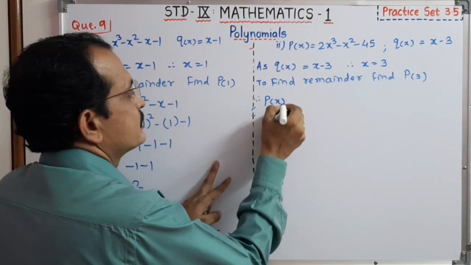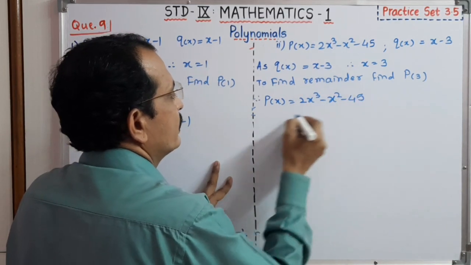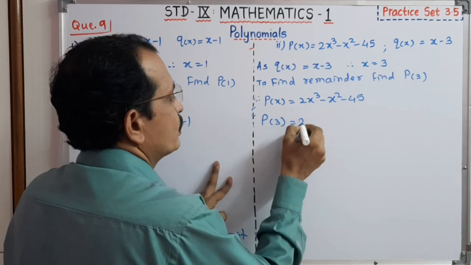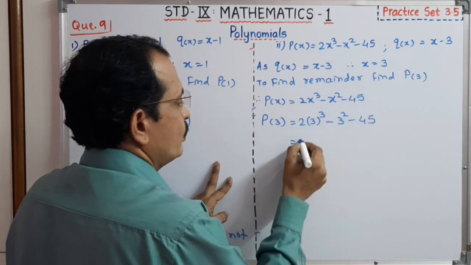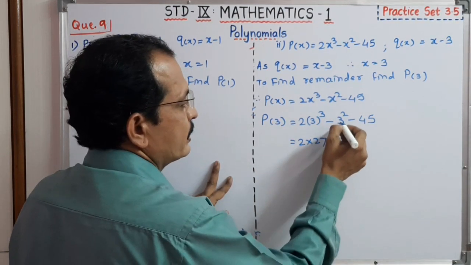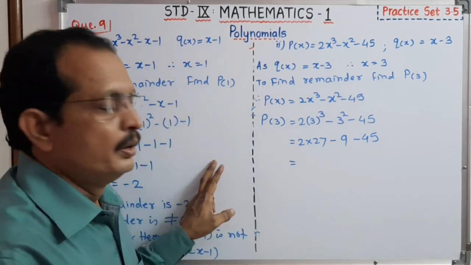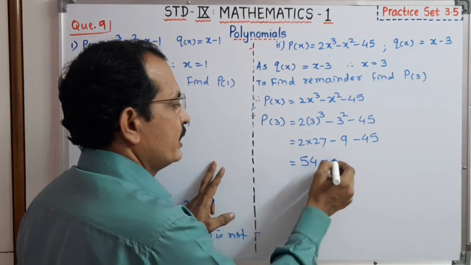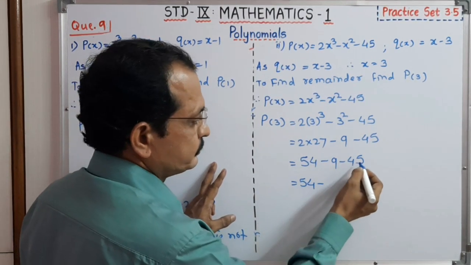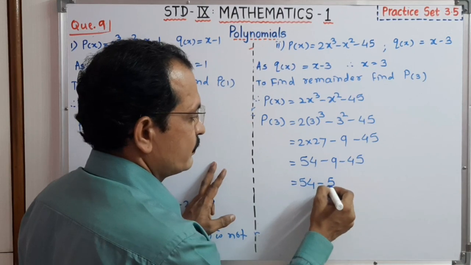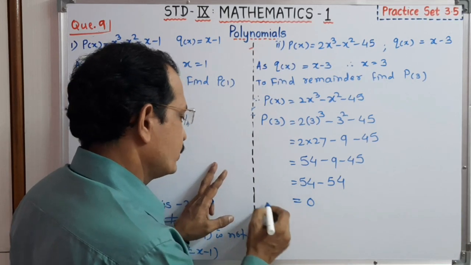Therefore p(x) is equal to 2x cube minus x square minus 45. Therefore p(3) is equal to 2 into 3 cube minus 3 square minus 45. 2 into 27 minus 9 minus 45. It is 54 minus 9 minus 45. Now 54 minus 54 is equal to 0.